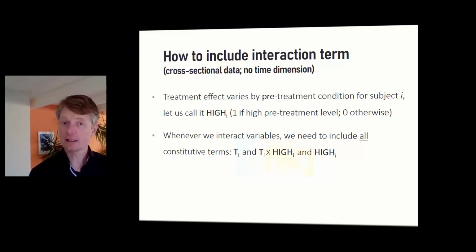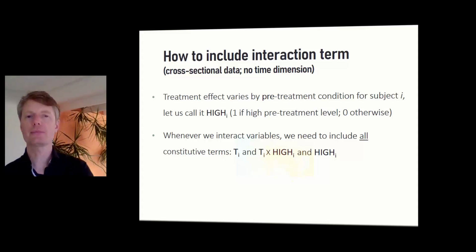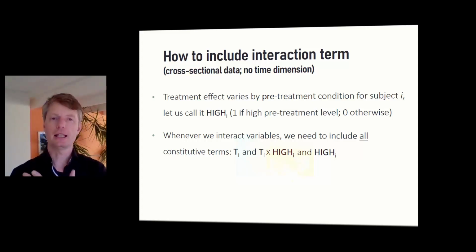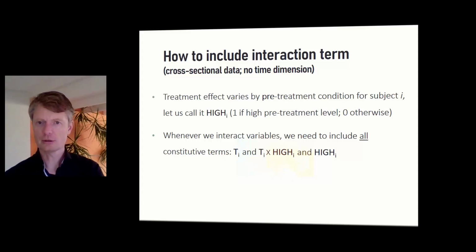What we want to explore now is whether the treatment effect varies by a certain pre-treatment condition for each subject i, and let's call that high. High is 1 if this pre-treatment level is high, and it is 0 otherwise.